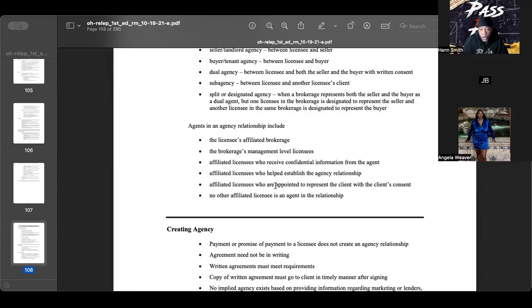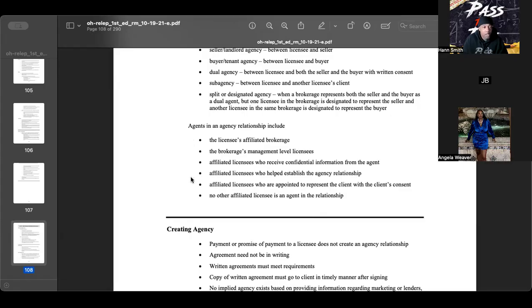Affiliated licensees who are appointed to represent the client with the client's consent, that's going to be like a designated agency. No other affiliated licensee is an agent in a relationship. So don't worry about that one. This is kind of confusing. Don't worry about what this is.